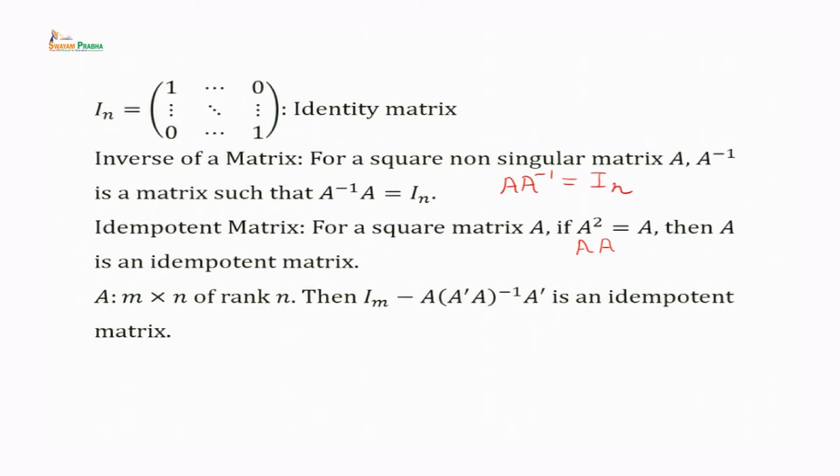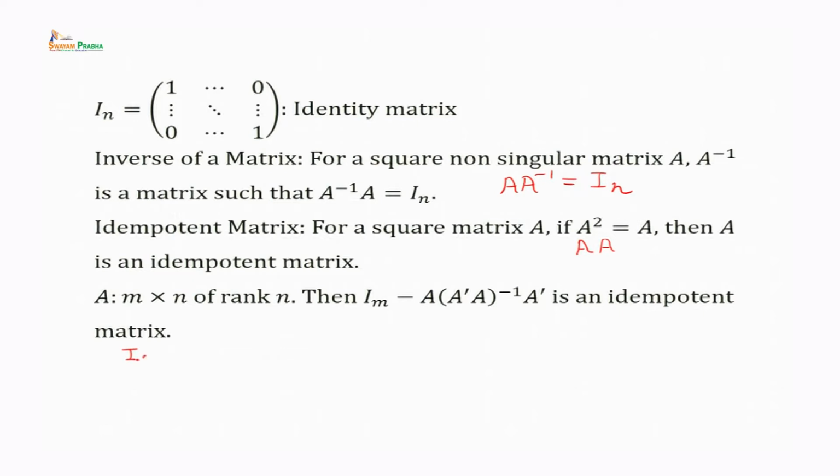Now, suppose A is an m cross n matrix of rank n, and we define a matrix which is equal to I m minus A (A transpose A) inverse A transpose. Then this matrix is an idempotent matrix. Now, this result can be easily verified.